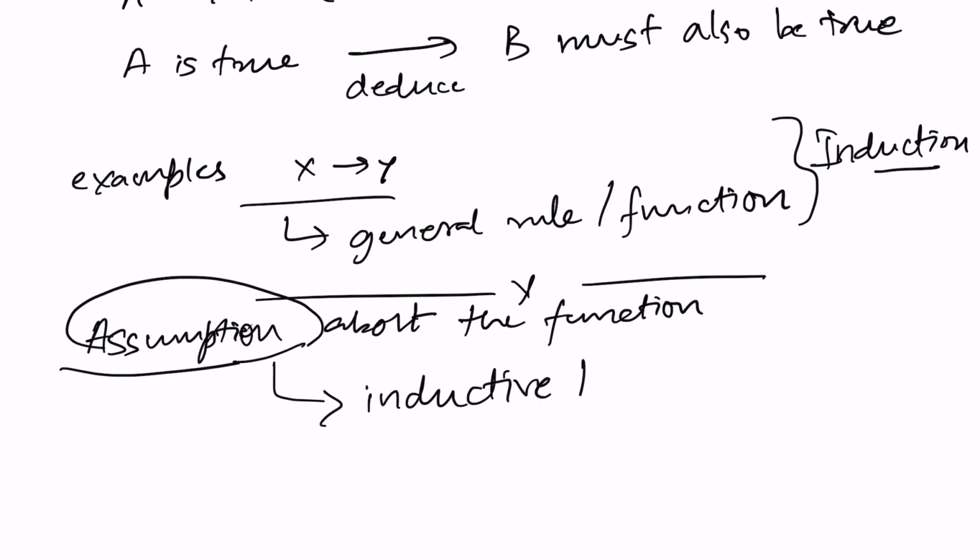Because we are doing an inductive exercise, we are taking examples and then using that to come up with a general rule. That general rule may or may not be true. We can't ever know whether it's true or not, but we get to that rule only by assuming certain things about the function, right? And bias is obviously because it's something that we are presuming. It's not necessarily true.